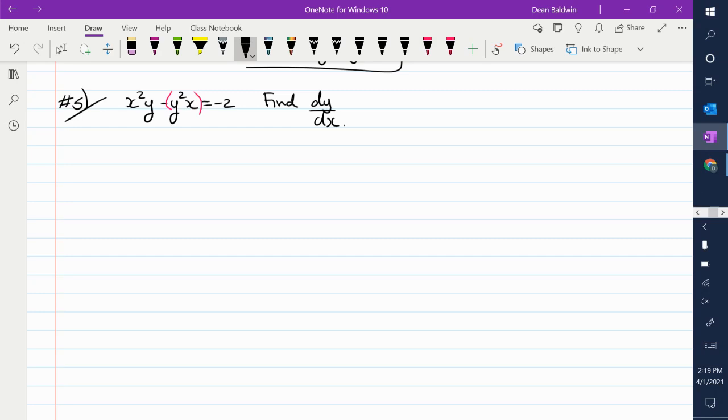So let's deal with the first, x squared y. Start on the left. What rule am I using on this? Product rule, because it's 2 functions being multiplied together. So what's the derivative of x squared?